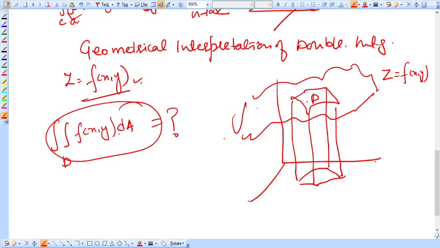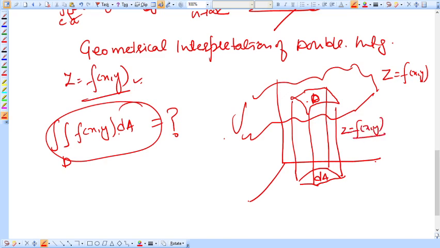So see here, this is your region, and this is dA, right? Its height from here to here is z, that is f of xy.